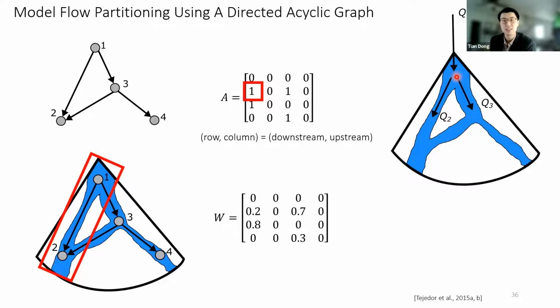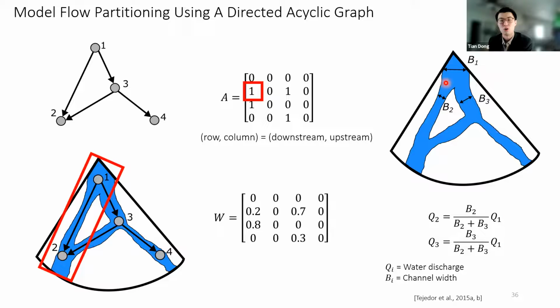And traditionally, how flow divides at a bifurcation is approximated using the channel width ratio between the downstream channels. So B here is channel width. So discharge in the downstream branch can be approximated using a nodal relation like this: discharge in branch 2 equals the width ratio of the downstream channel times the input discharge.